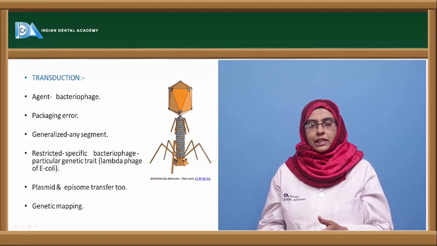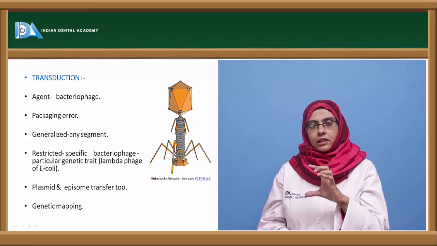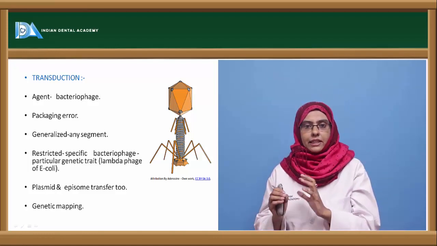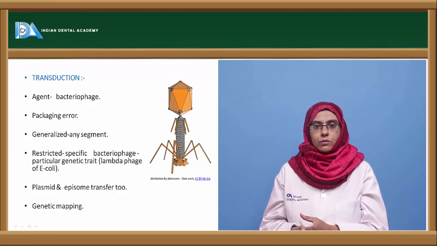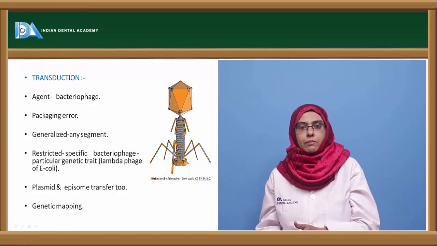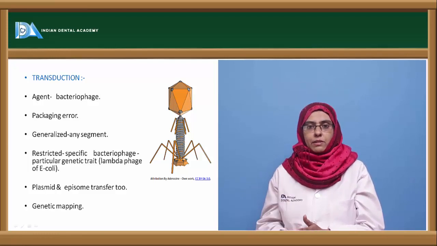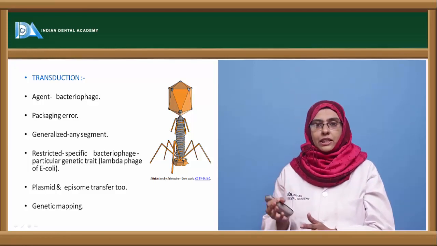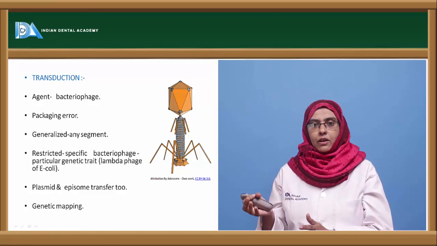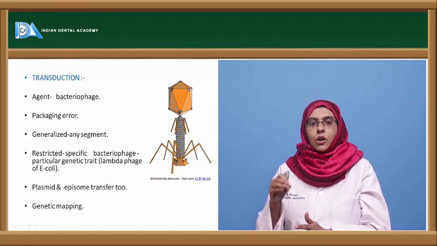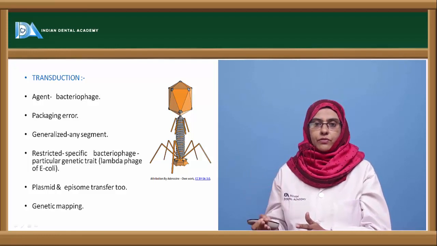So previously what I have said about is the lytic cycle. The lysogenic cycle is nothing but once the viral nucleic acid enters into the host cell, the viral nucleic acid gets integrated into the bacterial chromosome and it lives in harmony with the bacterial chromosome and multiplies as and when the bacterial chromosome is multiplying. So this is called lysogenized bacteria, and the DNA of the virus getting incorporated into the host bacteria is called a prophage.